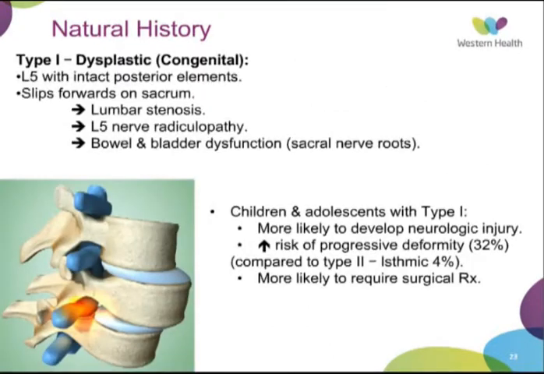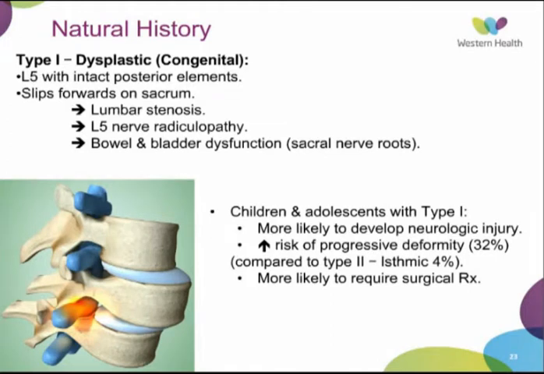In terms of the natural history, in type 1, the dysplastic type, the L5, because it's dysplastic and there's no defect in the pars, the posterior elements are intact, as we can see here. So there's no defect in the pars.